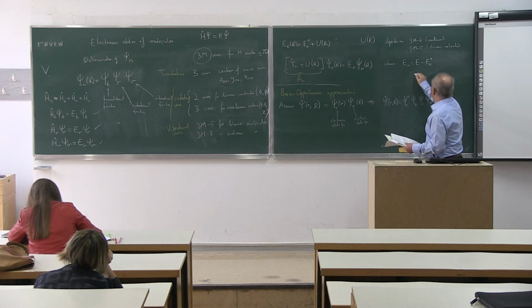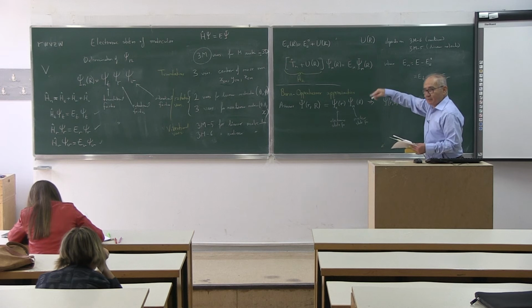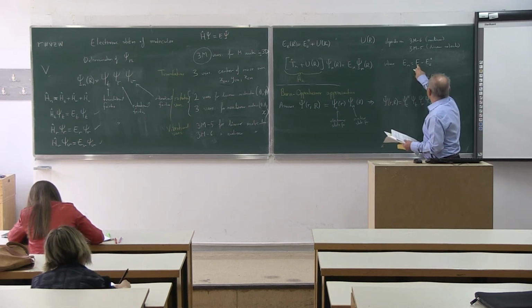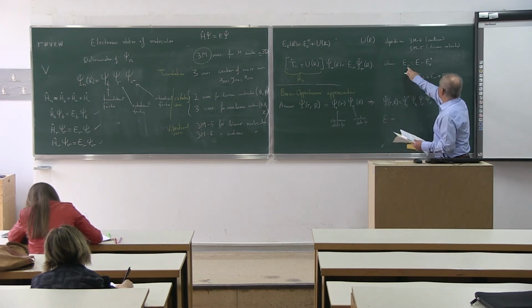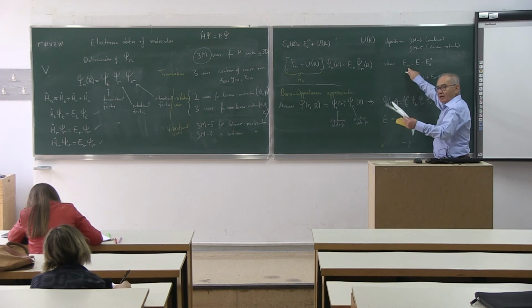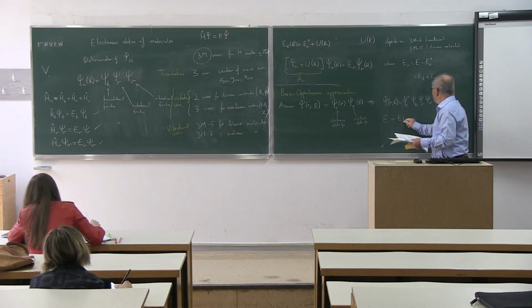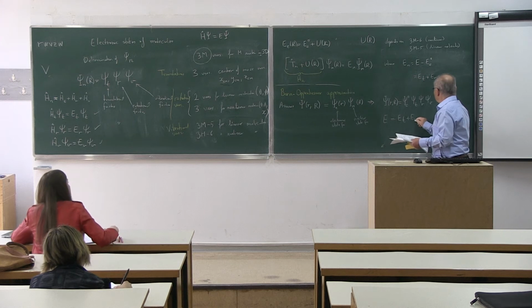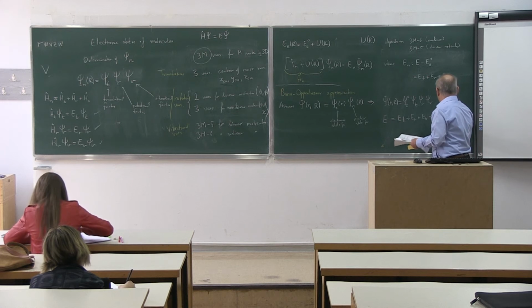The nuclear energy is the sum of translation plus rotation plus vibration in this approximation. And the total energy is just the total nuclear energy plus the electronic energy. So our final result is translational energy plus rotation energy plus vibration energy plus electronic energy.